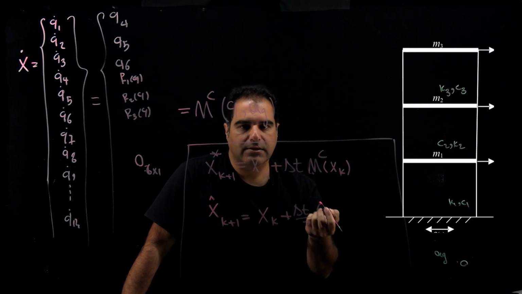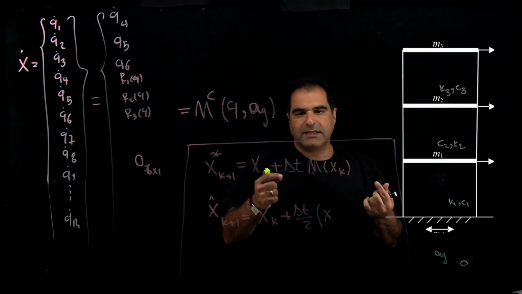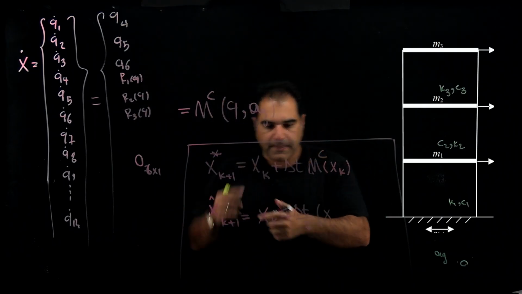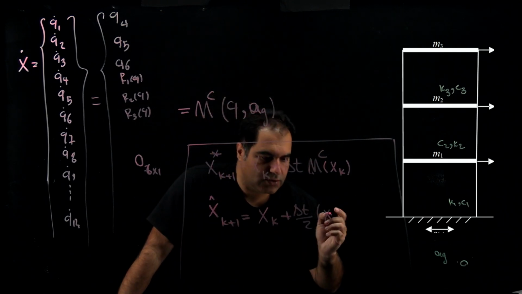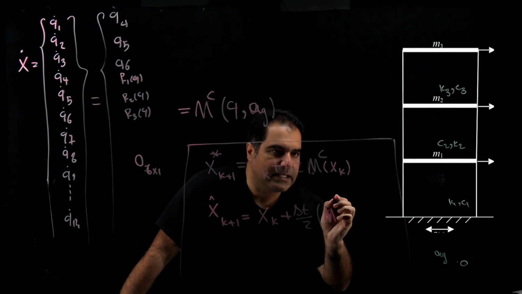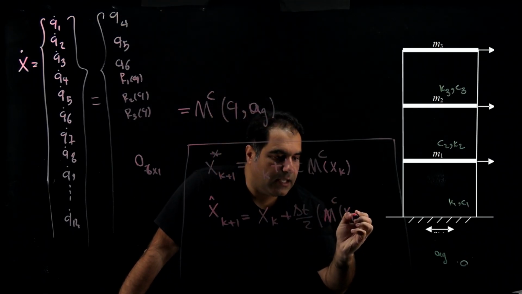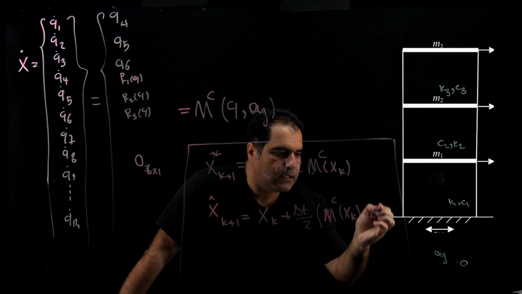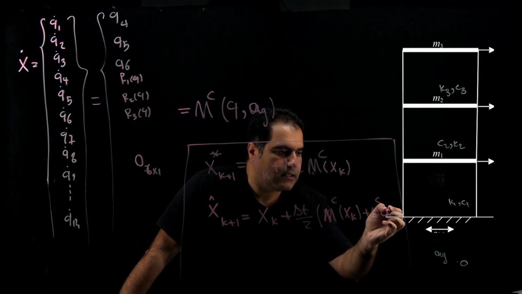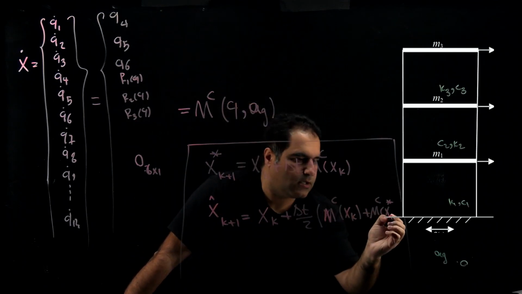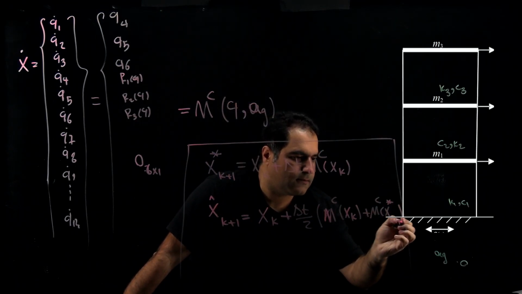Then you mean xk here, I mean the state vector at previous time step. Then here will be a delta t divided by 2 MC at xk plus MC at x star at time k plus 1.